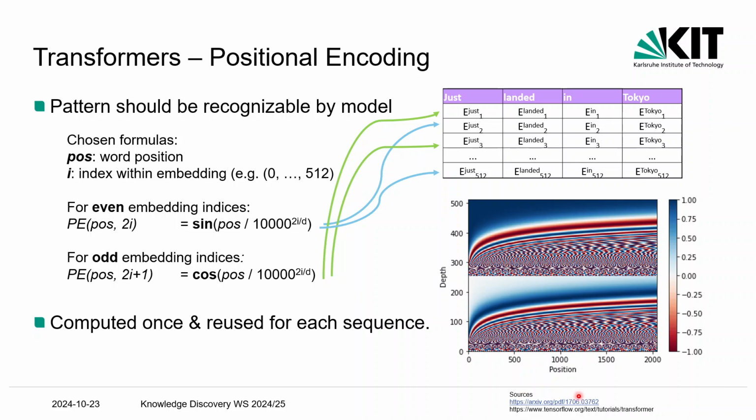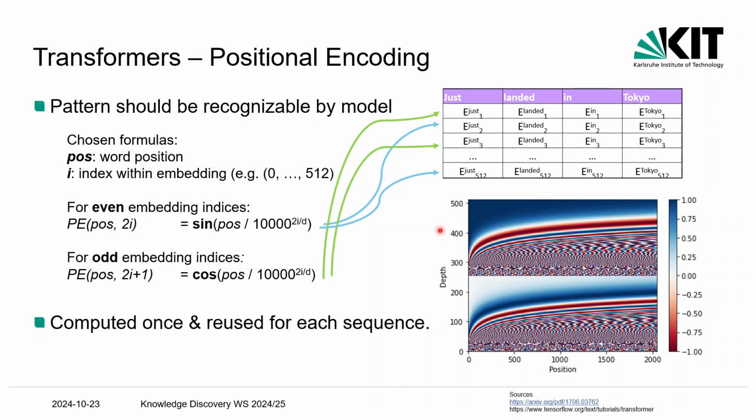Because if we look at this graph on the side, if we increase the position, here it's just from 0 to 2000 something, and then the depth from 0 to 512, I assume being the size of the embedding, you get these kinds of patterns, which is pretty interesting. And the hope is that it would be relatively easy for the model to recognize these patterns.